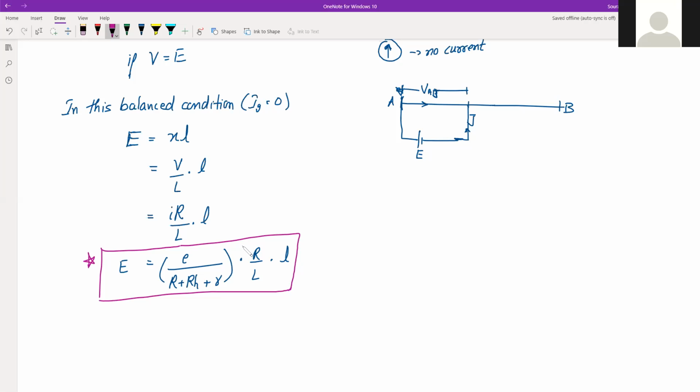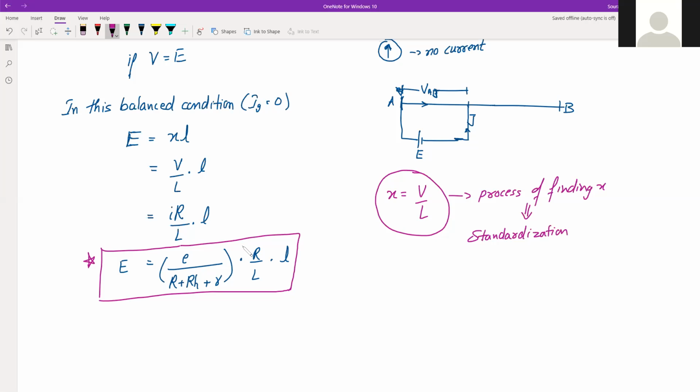The process of determining the potential gradient is known as standardization of the potentiometer. What we are finding here, the potential gradient X equals V by L, this process is called standardization of the potentiometer.